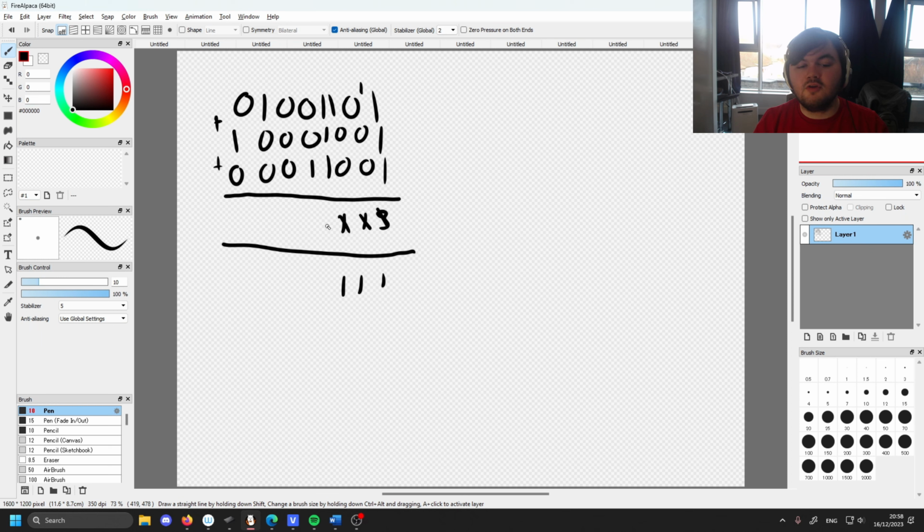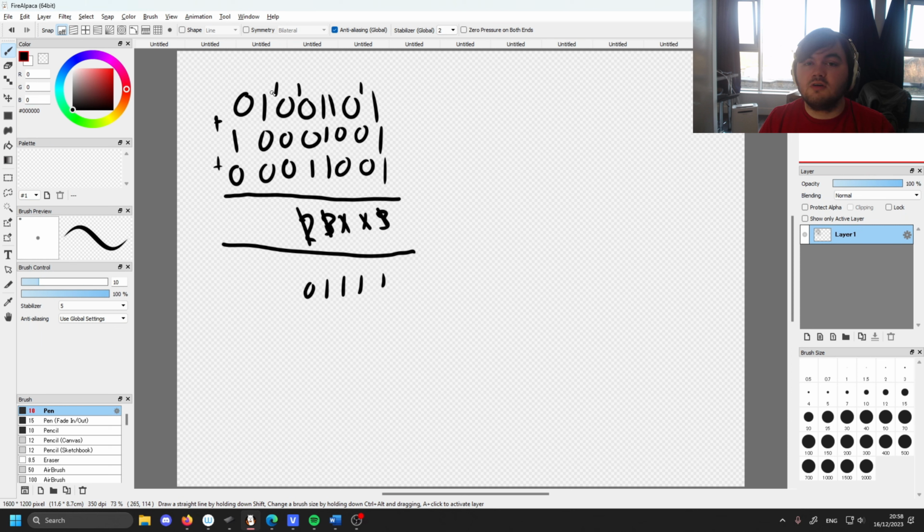The fourth digit is 1 plus 1 plus 1 without a carry, which is equal to 3. Which again, we subtract 2 for the carry bit, and then we write the number 1, because that's what we have left. Therefore, digit 5 is now 0 plus 0 plus 1 with a carry, which is equal to 2, which you write down as a 0 and add a carry digit to the next column.